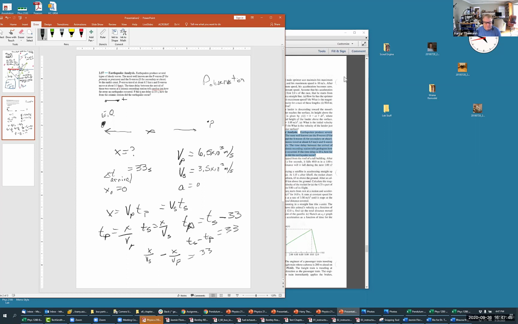So that's nice. This is easily factorable. So it's X times 1 over VS minus 1 over VP. And then we just divide by that. Oh, wow. That became pretty trivial, huh?